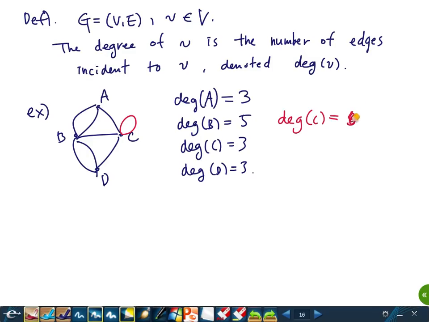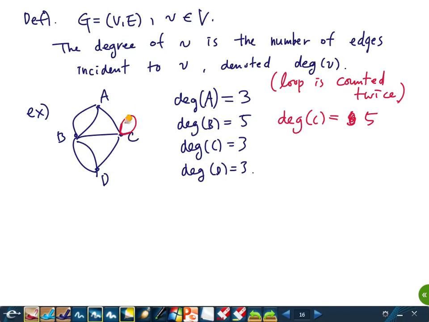We will count the loop twice, because this part is connected to C, and this part is also connected to C. So a loop is counted twice. This is just our convention.